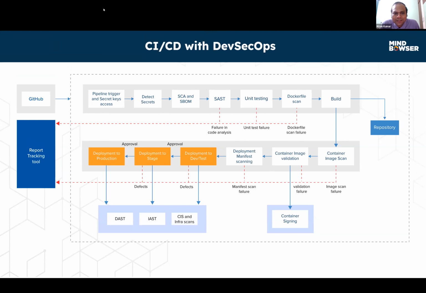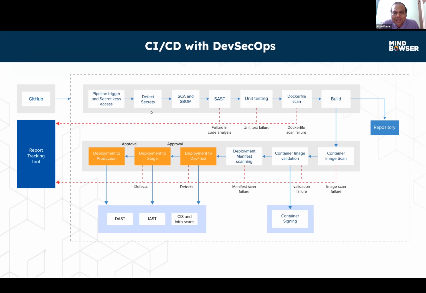And similarly, SAST, which I was telling you, is part of the static code security testing. And then, for example, with a containerization based approach, we do a Dockerfile scan. And once the Dockerfile is built and it creates an image, we also do a container image scan.